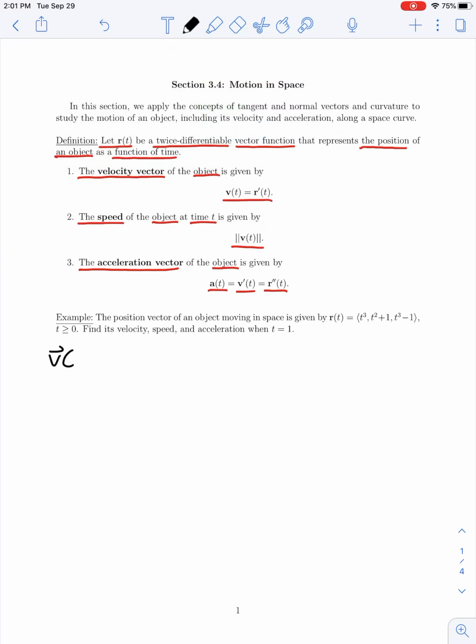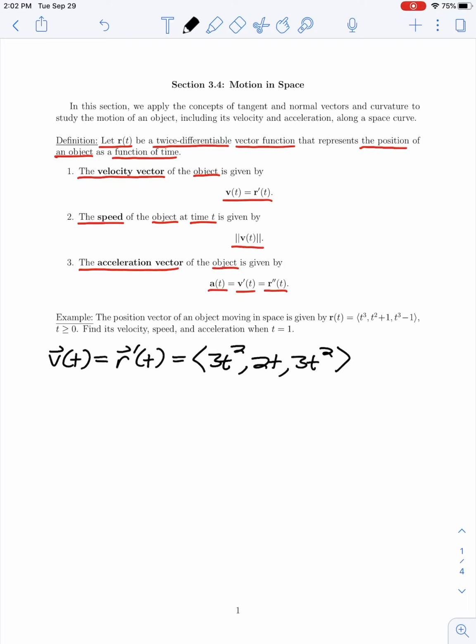The velocity vector, v of t, is the derivative of our position vector, r of t. So for our first component, we would have 3t squared. For our second component, we would have 2t. And for the third component, 3t squared.